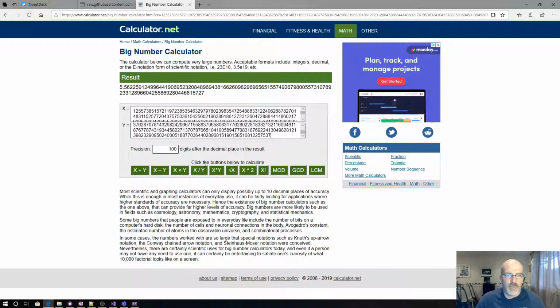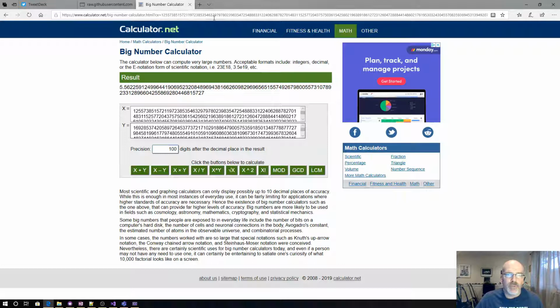It won't fit in here. What I really need to do is find a site that lets me put in a god-awful huge integer for the x and a god-awful huge integer for the y, and then let me calculate it. And this site just doesn't seem to let you do it. I tried Wolfram, that didn't do it.